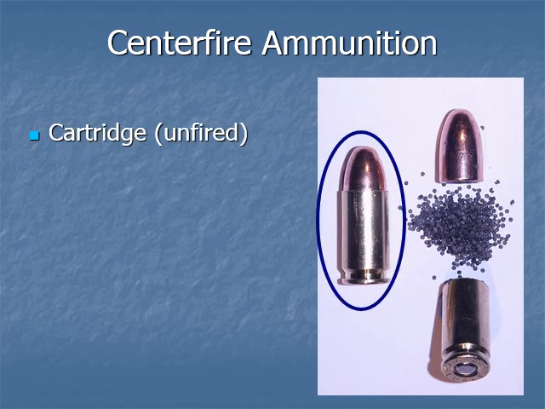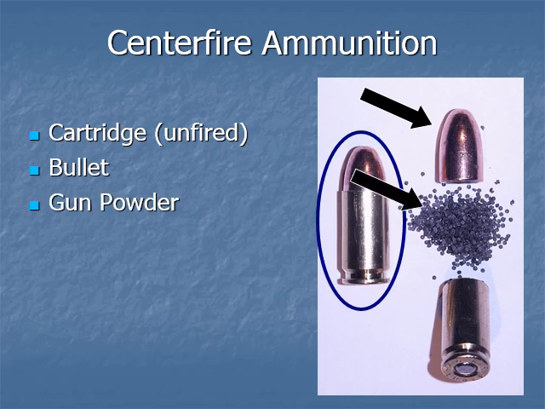So some people also can say this is an unfired cartridge, but it's technically better to consider this a type of ammunition with the bullet, the gunpowder, which is going to cause the explosion and cause the bullet to leave the chamber case, the cartridge case.